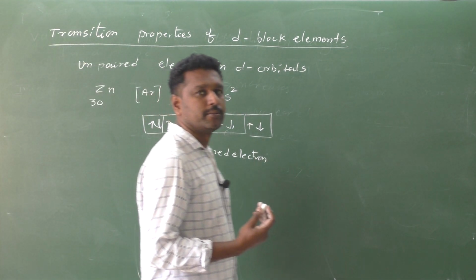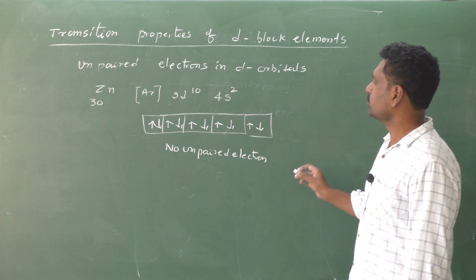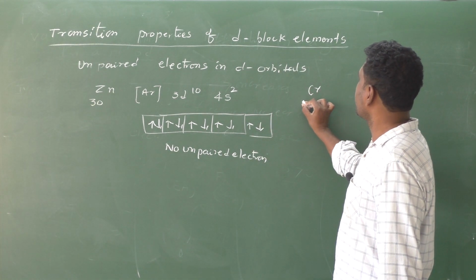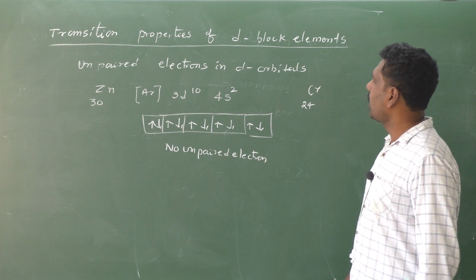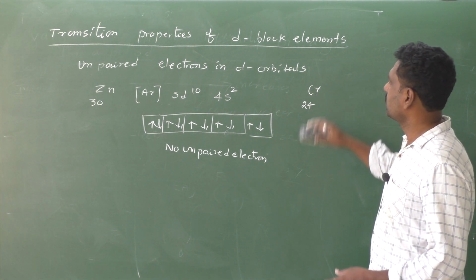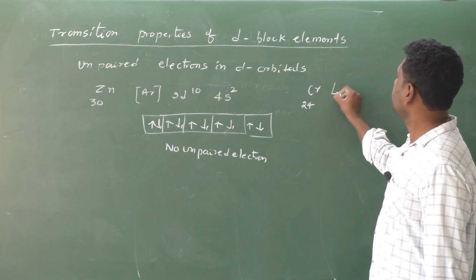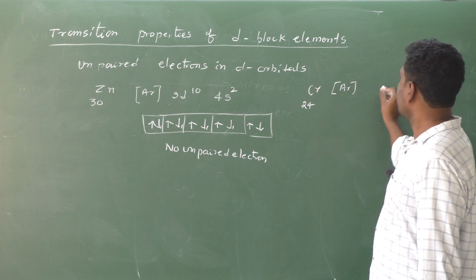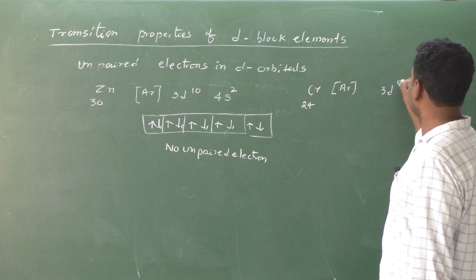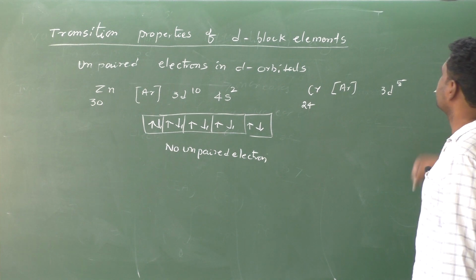If you take chromium, atomic number 24, the configuration is argon 3d5 4s1.